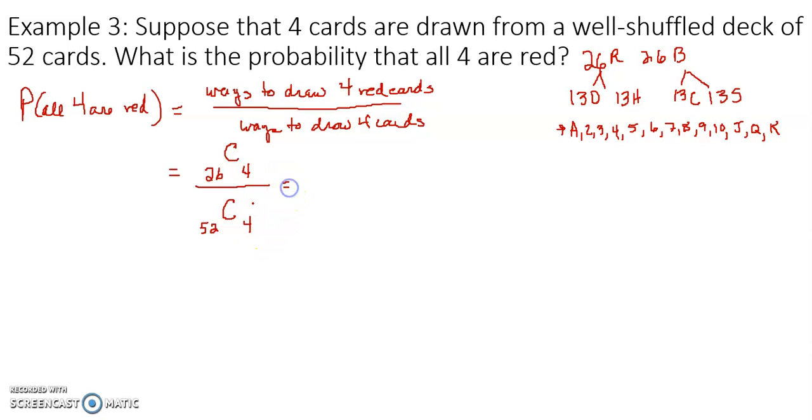Now when we put this in our calculator, if we just put the combinations in there, we're going to end up with 0.0552, and it goes on for our probability.